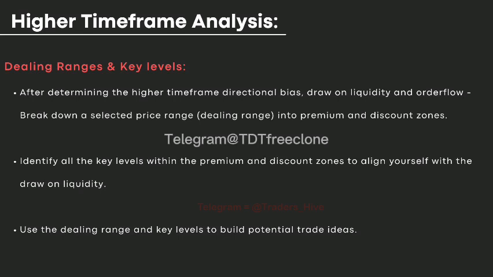And similarly, in case of a bearish market, you would look for your trade ideas and trade opportunities inside the premium zones, right? Your job is to identify all the key levels within the premium and discount zones, and then based on the direction of the high time frame directional bias and drawn liquidity, you're going to position yourself accordingly based on the protocols and guidelines that I've given you, right?